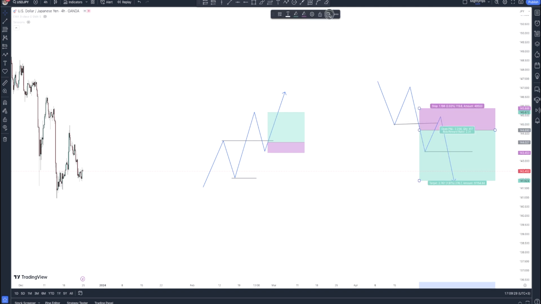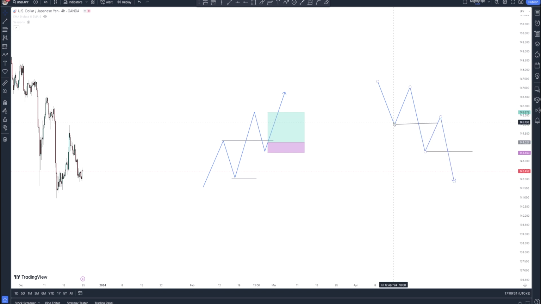What you want to wait for is for price to come back above this previous demand here. Then look for bearish engulfing or bearish candlestick patterns around here to get involved with the market, and then target this low here.